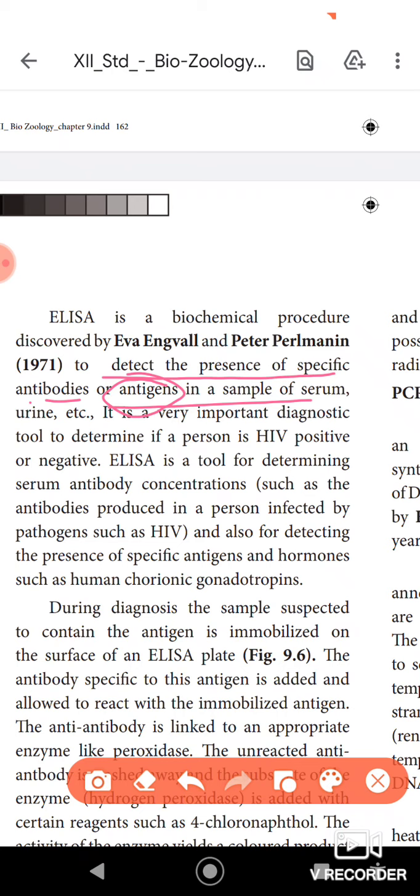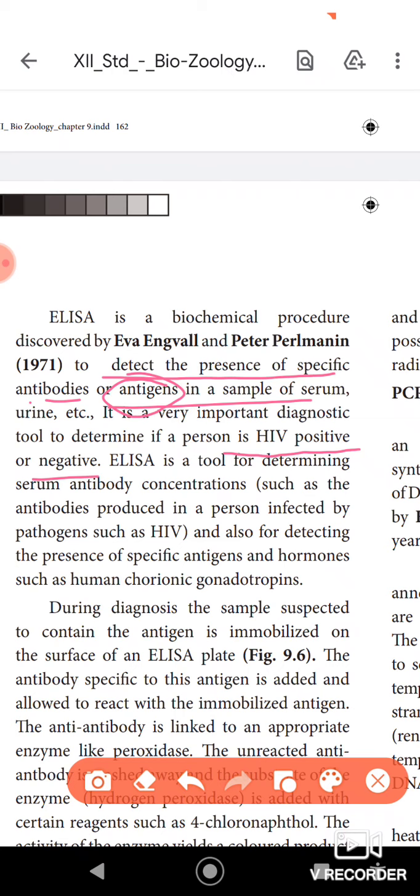The ELISA technique is also very useful in detecting HIV, whether the person is HIV positive or negative. How is it detected? By detecting the antibodies in the blood of the particular person.